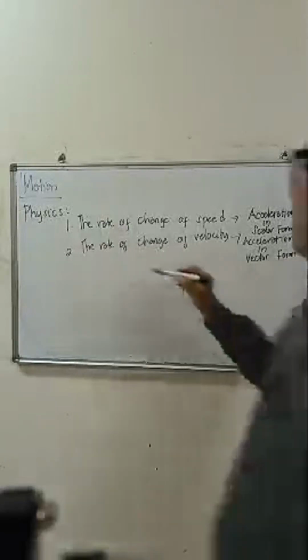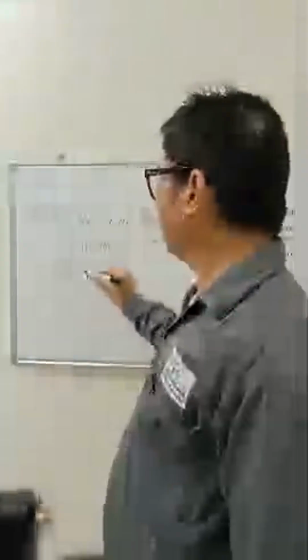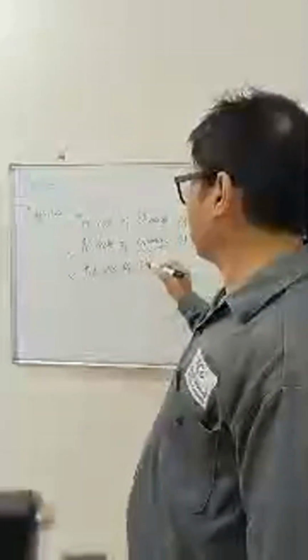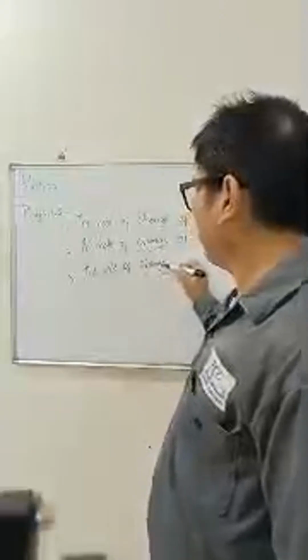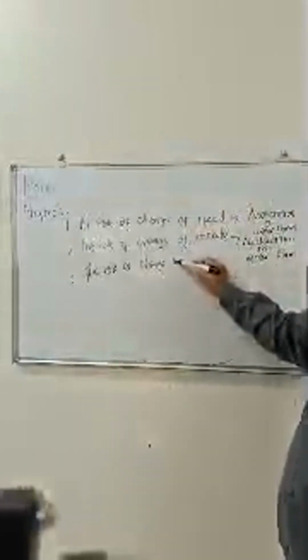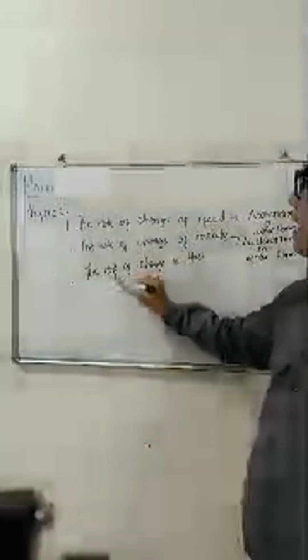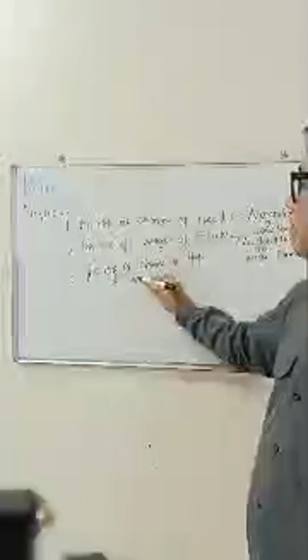Number three, the rate of change of the distance. So this is the speed.